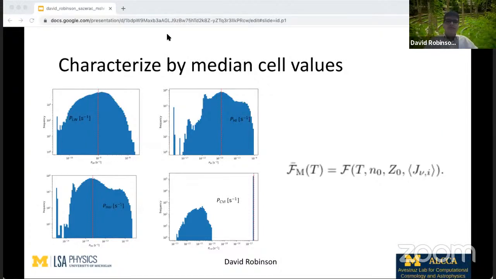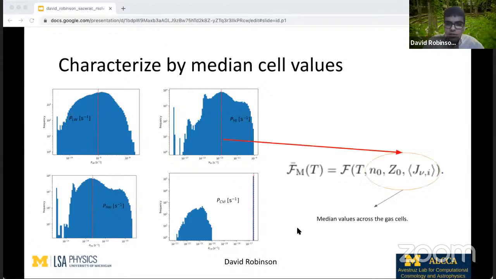And so then to find a cooling or heating function at each temperature for the ensemble of galaxies, we can simply evaluate the full cooling and heating function at that temperature. And then for all the other parameters, we characterize by their median values. And so this is really telling us the cooling or heating function at typical values of the other parameters.